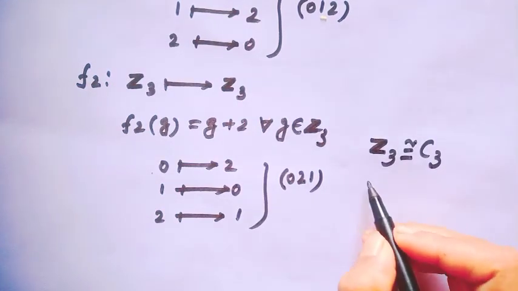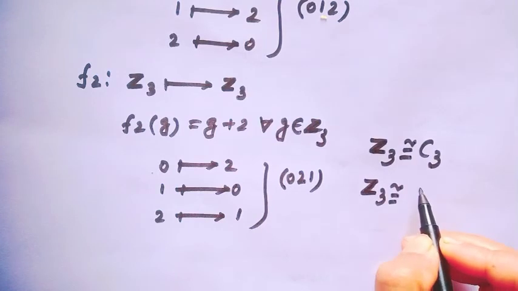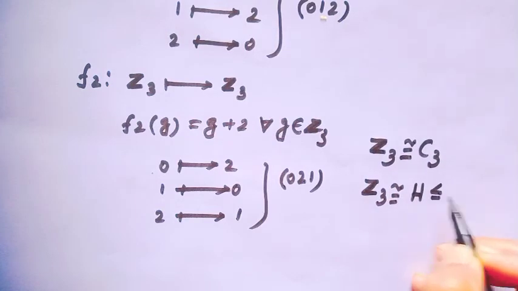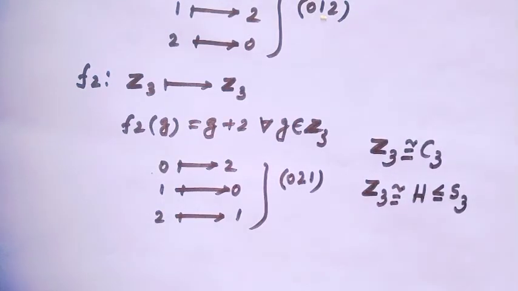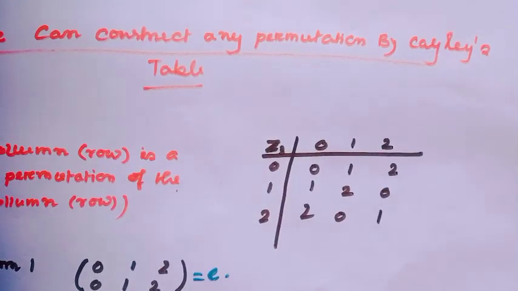Also Z3 is isomorphic to a subgroup A, which is a subgroup of S3. Okay? Are you getting?